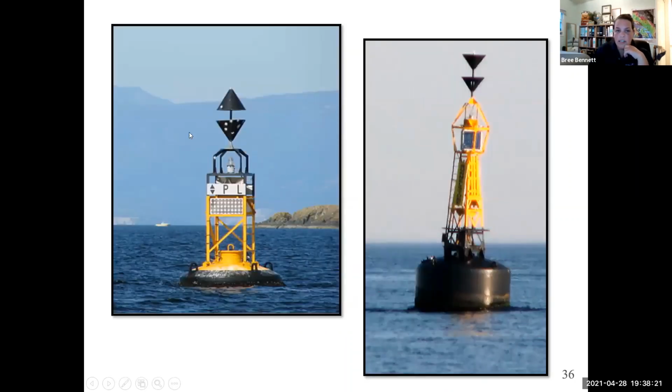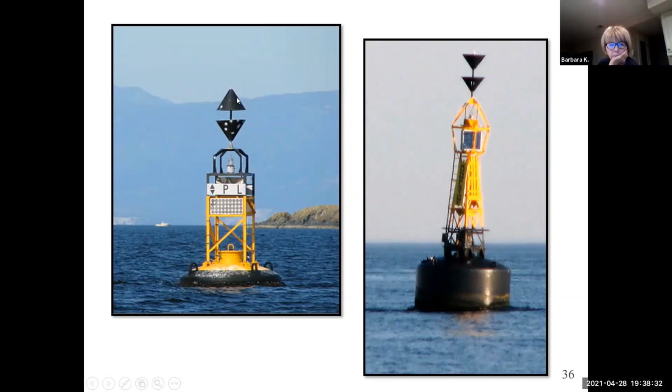So this guy on our left, which way would safe passage be? The east, because we have black, yellow, black, and we have that diamond shape. So this one has the 3 colors, black, yellow, and black. Now this guy on our right, where would safe passage be?